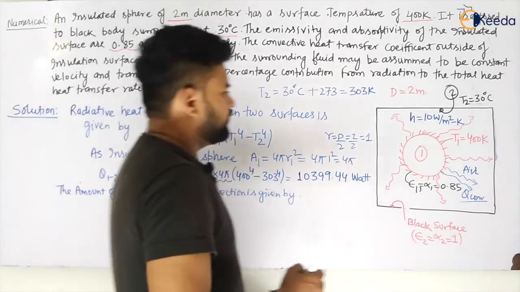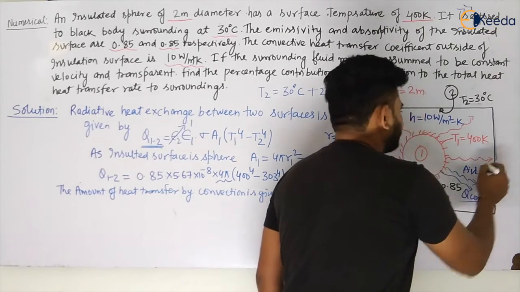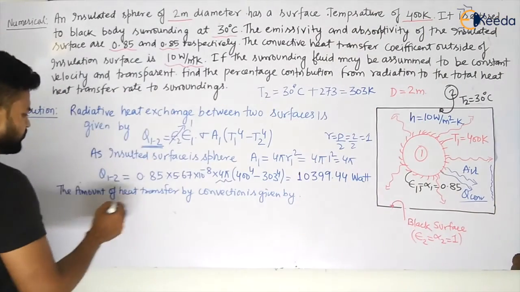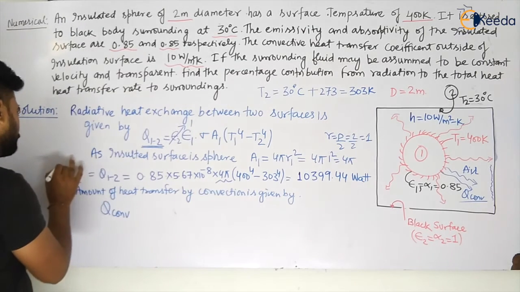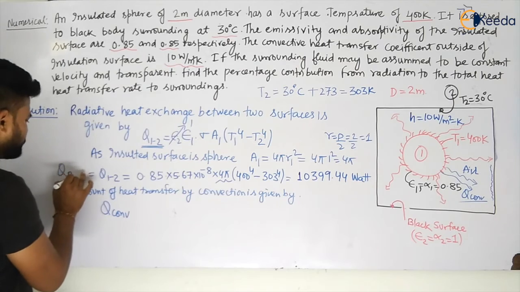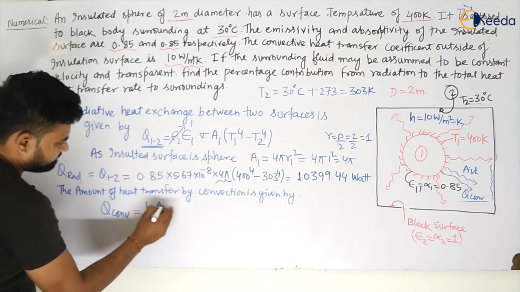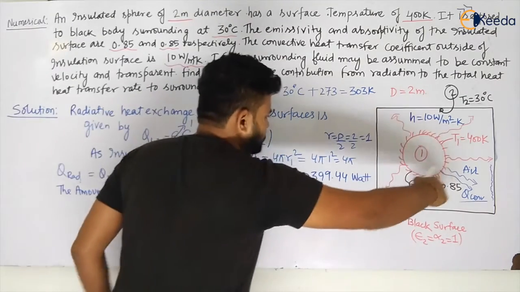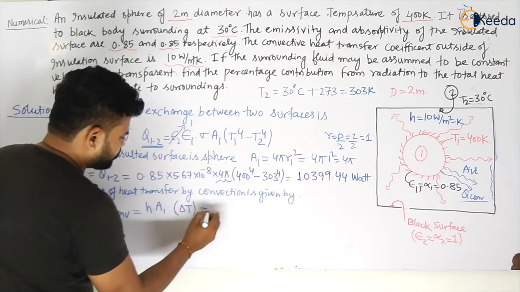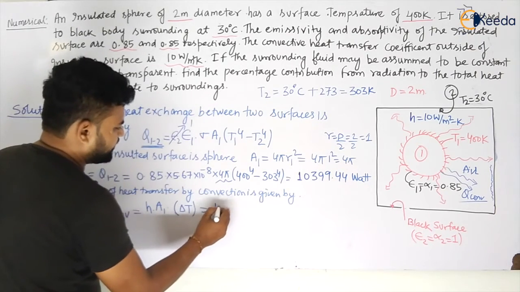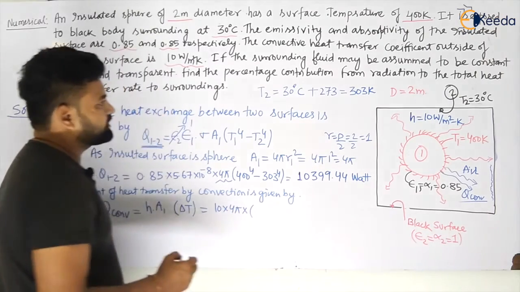So surrounding air, what I am assuming, will have the temperature of this surface nearby. Okay, let us see. So this will become Q convection, and that is nothing but equal to HA1, that is the outer area of the sphere, my dear students, multiplied by temperature change delta T. So this will be nothing but H, which is given to be 10, into area, which is 4 pi, into delta T. What is delta T, my dear students?